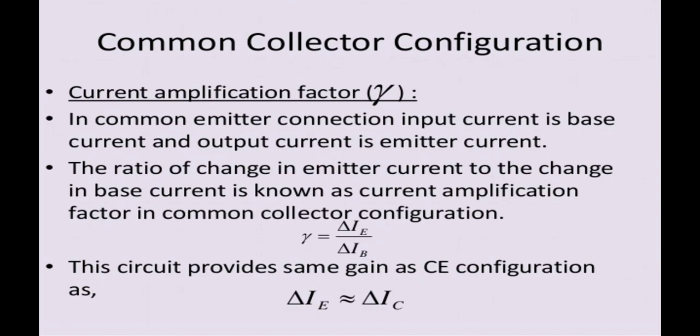What is gamma? Another definition: the rate of change of emitter current to the base current is known as the current amplification factor gamma. This circuit provides the same gain as the common emitter configuration.